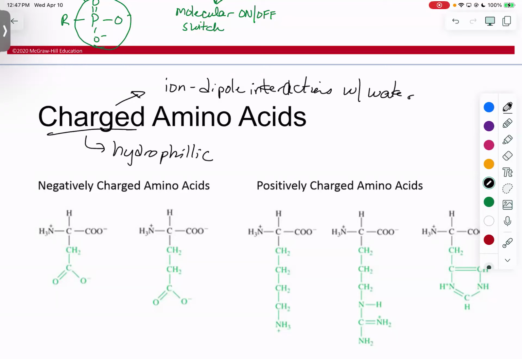So when we talk about the ones that are negatively charged, those are our acidic amino acids, and then the positively charged ones are the basic. And we're going to look at some similarities in their R groups.